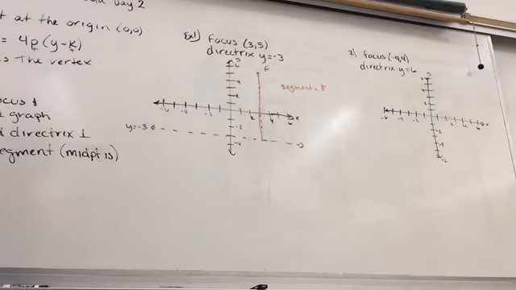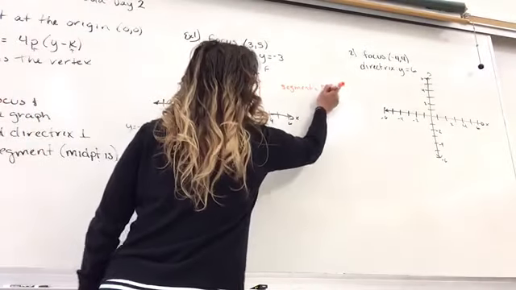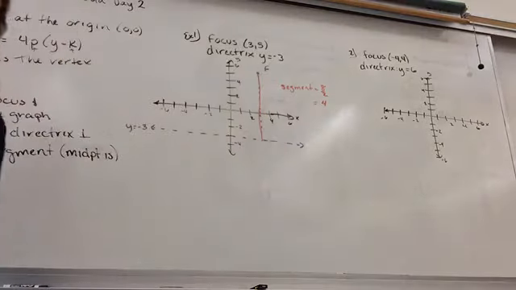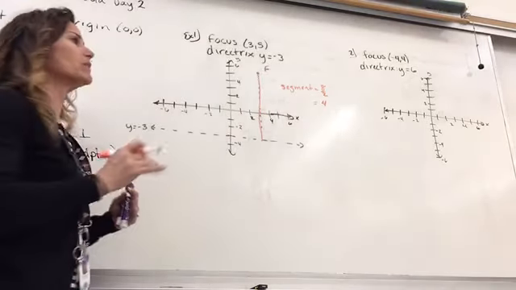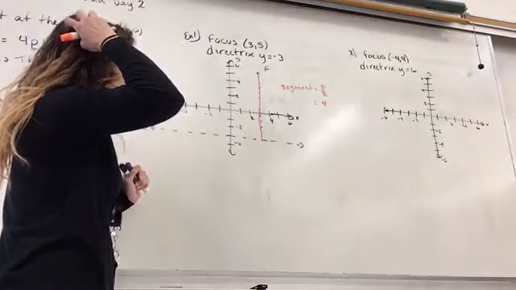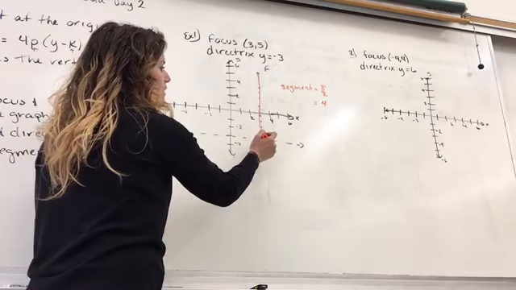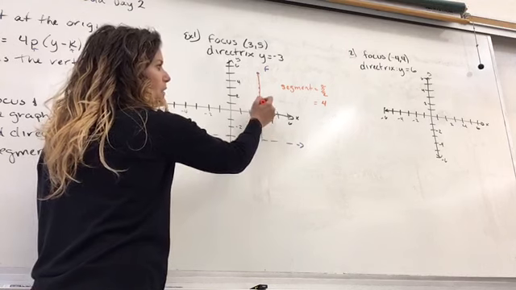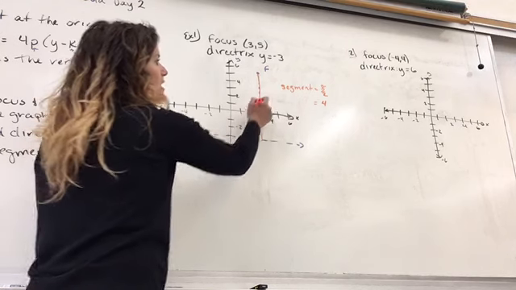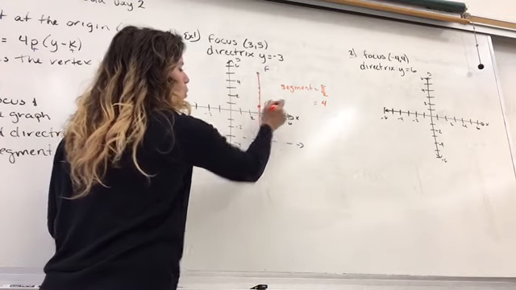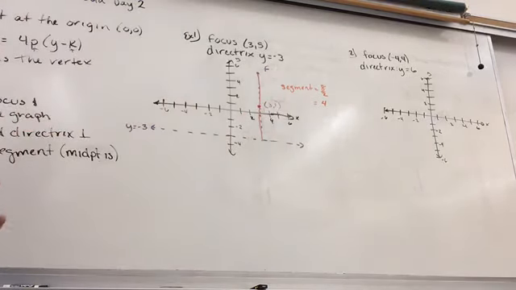I know my vertex is in the middle, so I take 8 divided by 2, and my vertex is at the 4th value, not at the number 4. If I start at 5 and go down 4, I'm at 1. If I start at -3 and go up 4, I'm at 1. So this point at (3, 1) is the vertex of my parabola.